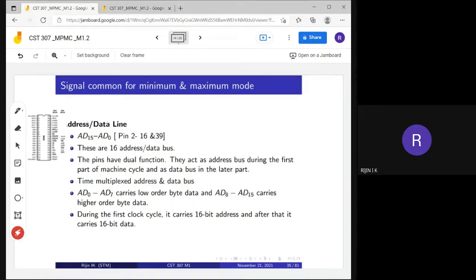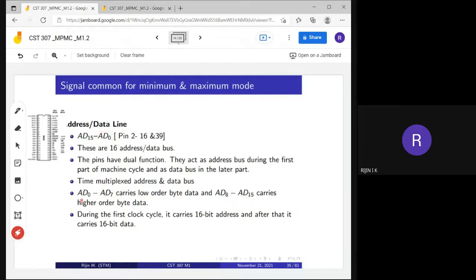That means during the first clock cycle, it will send the 16-bit address, and later it will transfer the 16-bit data. So that is the address bus data line, pin number 2 to 16 and 39, that is AD15 to AD0.